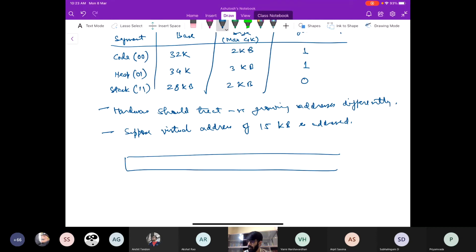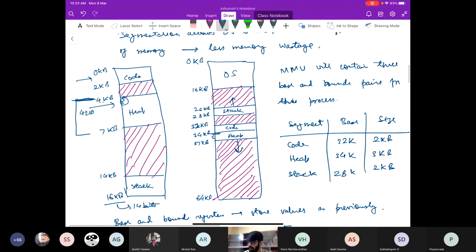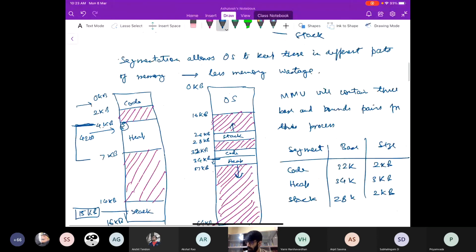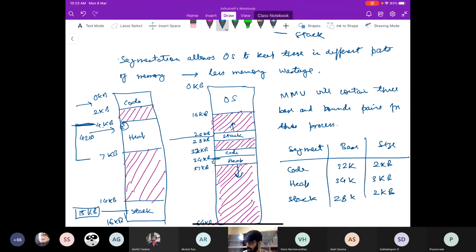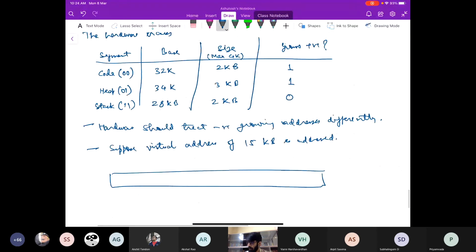So again, 15KB, we go back to our diagram. 15KB is going to be somewhere here, right? And where we want to address this, we should arrive at somehow 27KB, right? So 15, let's say, the first two bits are going to be 1, 1, then 1, 1 again, because 15 is 1, and the rest are going to be zeros.